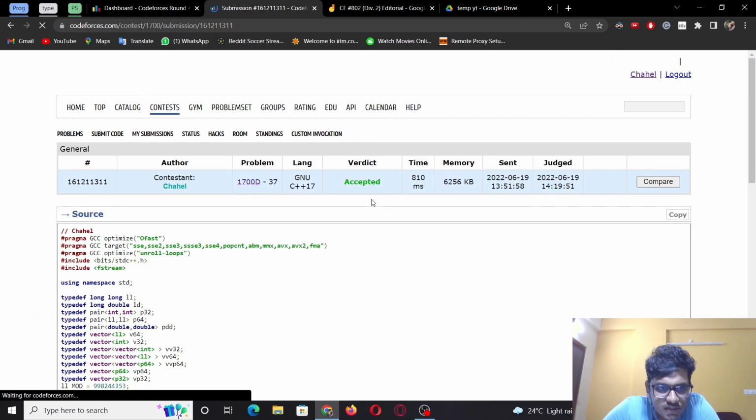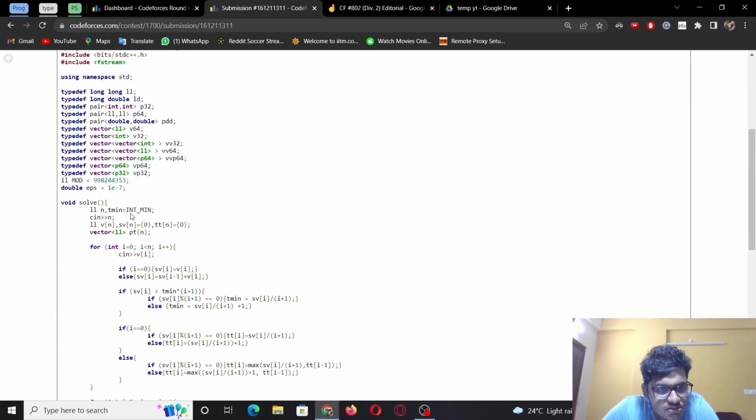So here, I've taken tmin as the minimum time, as we said, to fill. We've taken it as int min, and I've taken n, and vn is the array to store the volume. SV of n is basically the prefix sum.